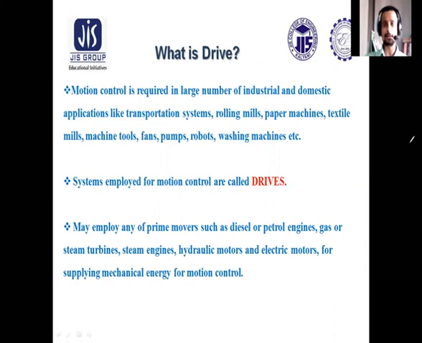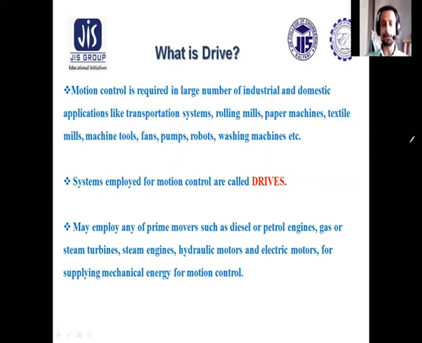But these motors could be driven by electrical drives or by petrol engines, gas turbines, or steam turbines. The main function is to drive those motors so that mechanical energy could be produced and motion could be controlled.